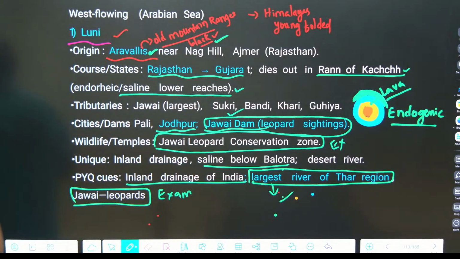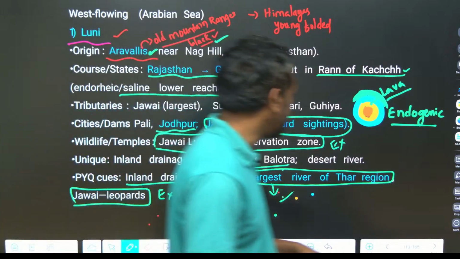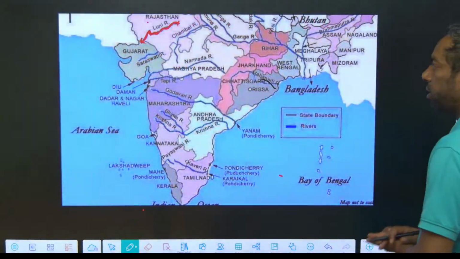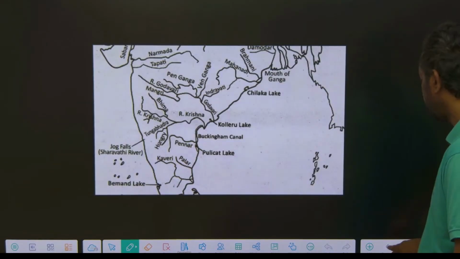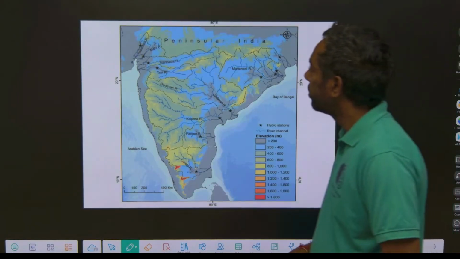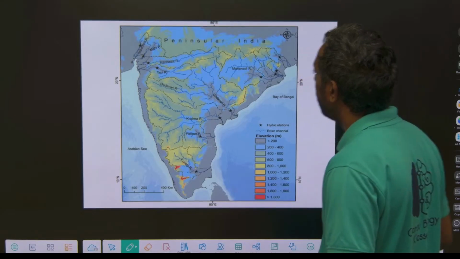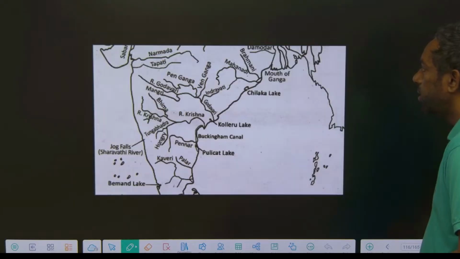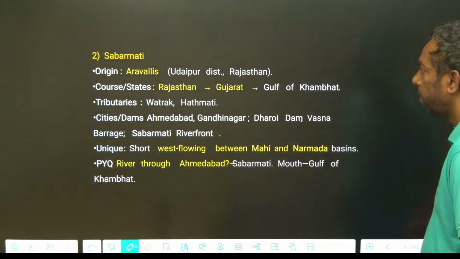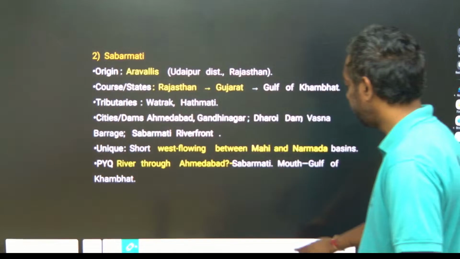Next river, let's look here: Sabarmati, Narmada, Tapi rivers. Next is the Sabarmati river.